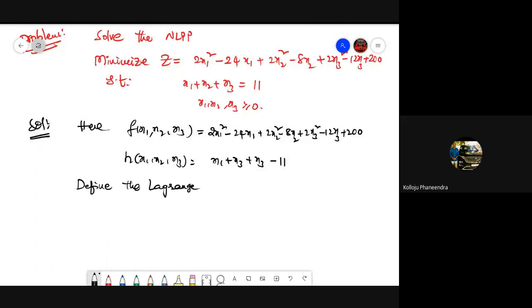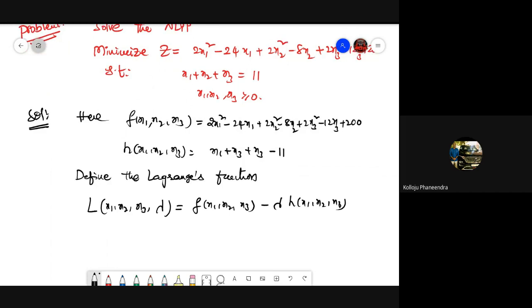Define the Lagrange's function L. How many variables? x1 x2 x3. How many constraints? Only one constraint, so one Lagrange's multiplier. Once again I will write the formula: L equals f minus lambda into h of x1 x2 x3.